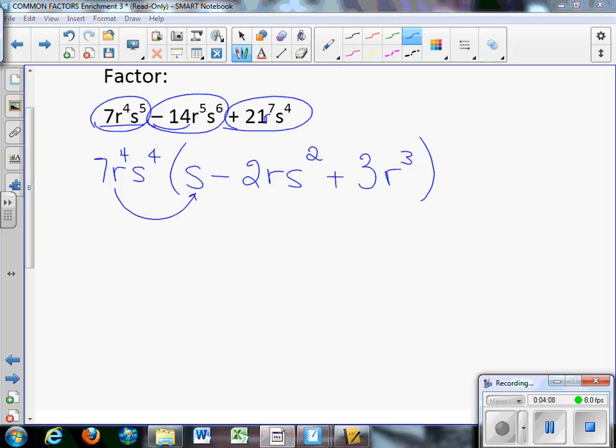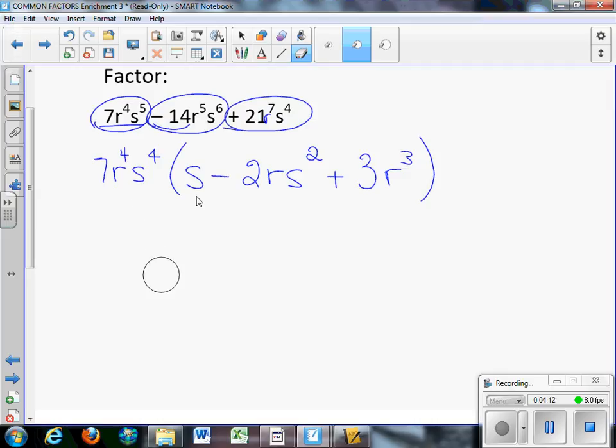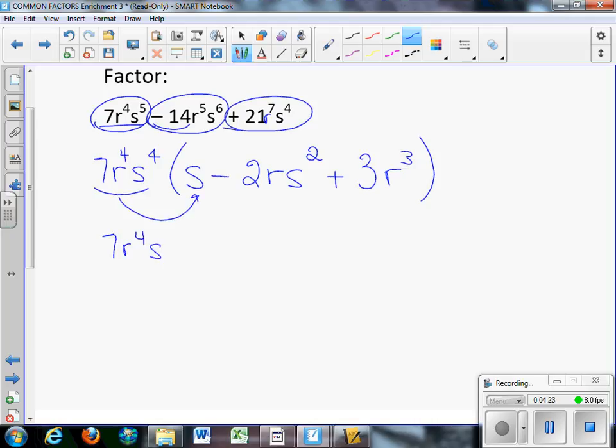Okay, so if we just continue to look at this one for 1 second, you should always check to see that your factoring has been done correctly. So if we take 7r to the 4th, s to the 4th, and times it by 7, we get 7r to the 4th, s to the 5th, which is what we have right here. And then we take 7r to the 4th, s to the 4th, and times it by negative 2rs squared.